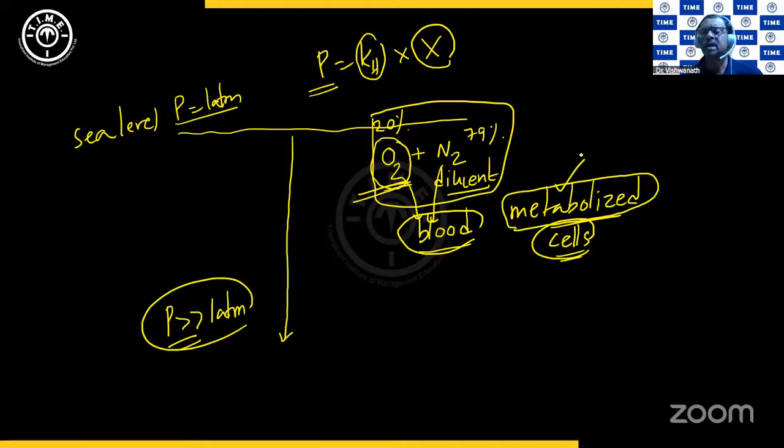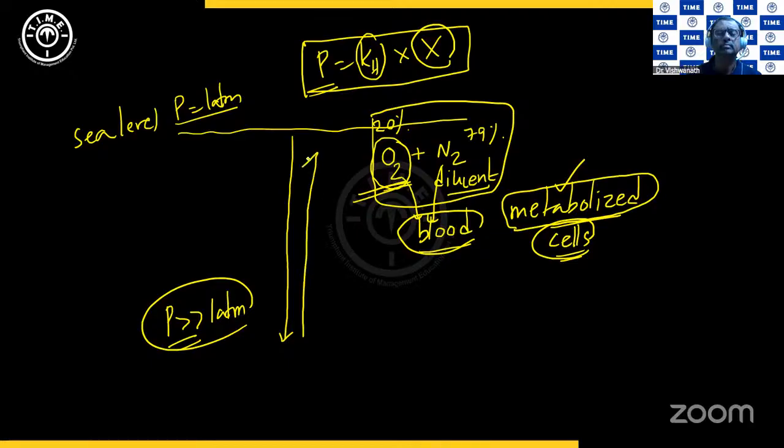So oxygen is getting metabolized, but nitrogen is a spectator. Nitrogen has got no role to play, but still it has gone into the blood because of this factor, Henry's law. But suppose, let us say that the diver has to return to the surface immediately because there is some danger down there, right?